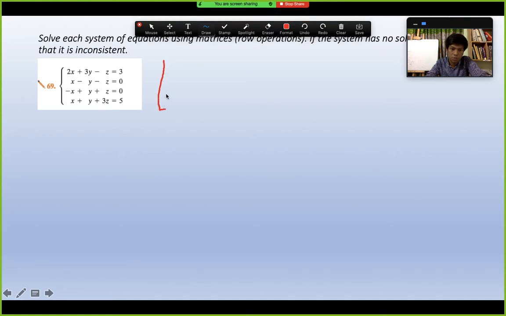So to write it in the augmented form, it will be like 2, 3, minus 1, 1, minus 1, minus 1. This is 3, this is 0. Then we have minus 1 here, 1 here, 1 here, 0 here, 1, 1, 3, 5.